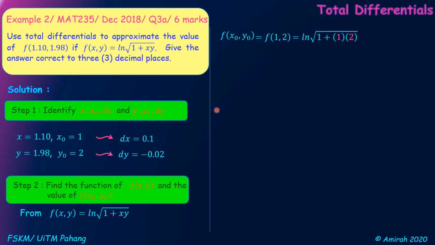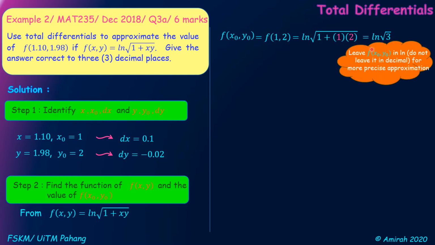So we substitute 1 into variable x and 2 into variable y. We get this, then we simplify, so we get ln square root of 3. We leave f(x naught, y naught) in ln. Do not leave it in decimal, for a more precise approximation.